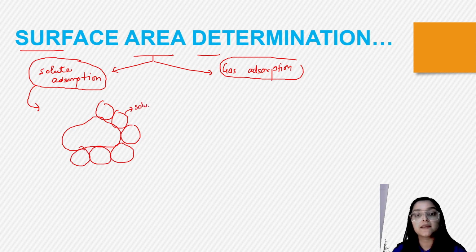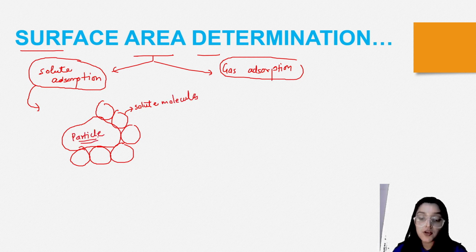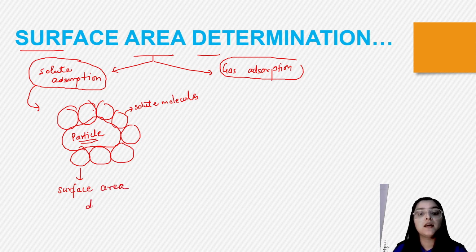These solute molecules are adsorbed over the surface of your desired particle. So a monolayer is formed above the surface of the particle, through which the amount of molecules adsorbed can be counted and the surface area can be determined. This is just the basic for the solute adsorption.